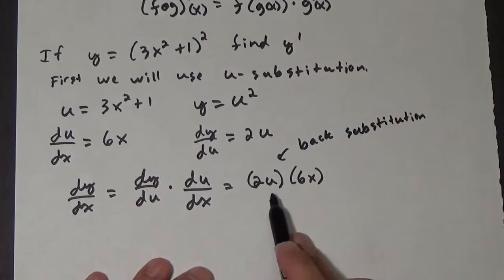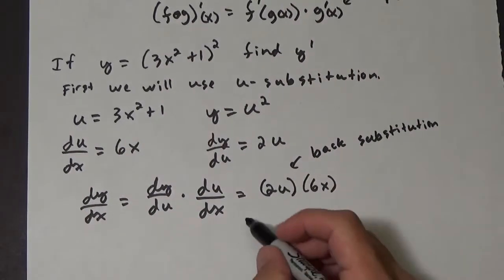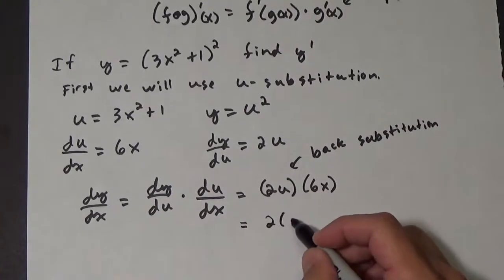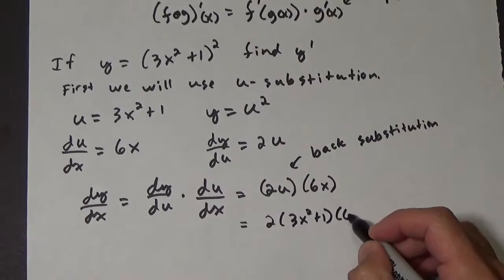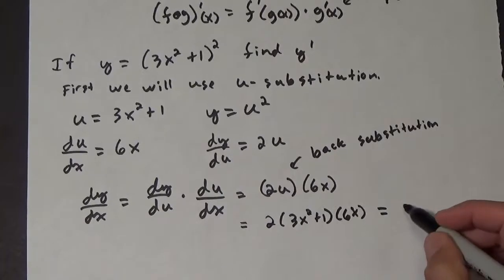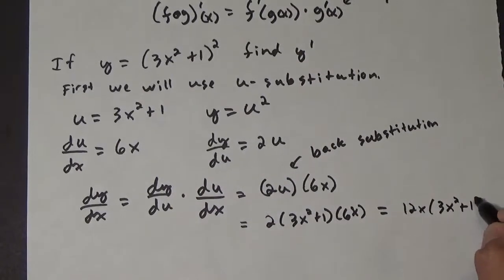And so in this case, we do know that u equals 3x squared plus 1. So we can rewrite this to be 2 times (3x squared plus 1) times 6x. So then that becomes 12x times (3x squared plus 1).